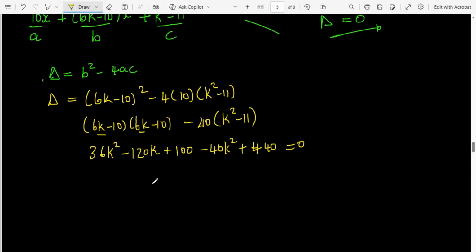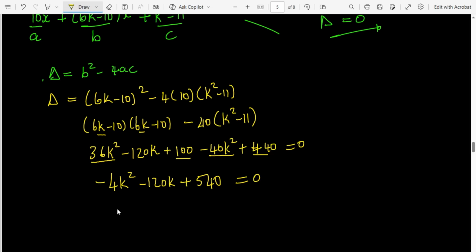Right. So from this, let's check if we have any other like terms. 36 minus 40k squared gives us minus 4k squared. Then I still have minus 120k, 100 plus 440, that gives us 540. This is 0. Can we divide everything by 4?